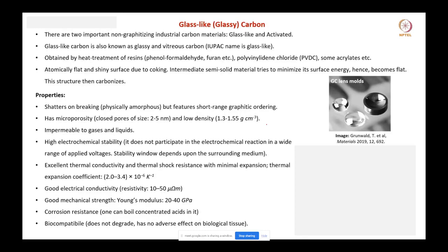The first thing is glassy carbon. Maybe I have used this term in my previous classes, but how many of you remember what glassy carbon is, how it looks, or for what application I told you we can use it?